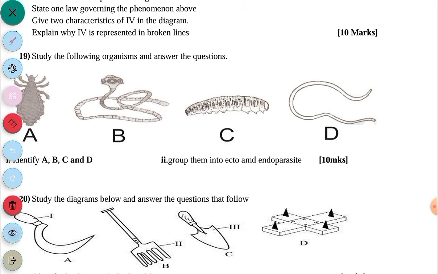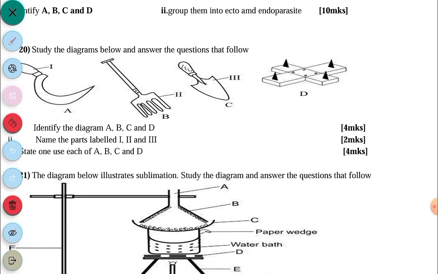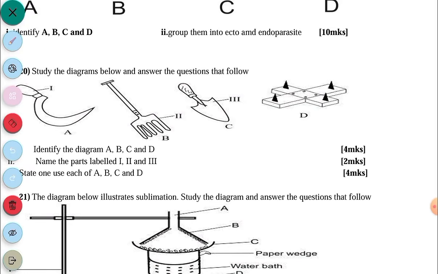Question 20. Study the diagrams below and answer the questions that follow. So A is a sickle, B is a hand fork, C is a hand trowel, D is a cross staff. We are asked to label the parts I, II, and III.